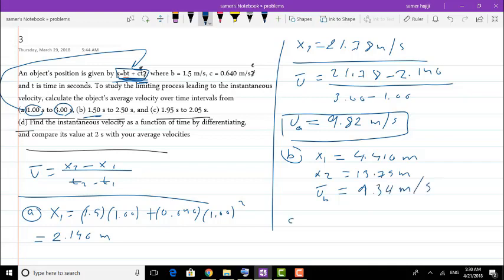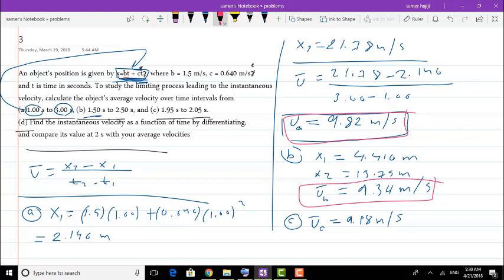And the same for part C, we can find that VC average is equal to 9.18 meters per second. So we have here three velocities: VA 9.82 and VB 9.34 and VC 9.18 meters per second.